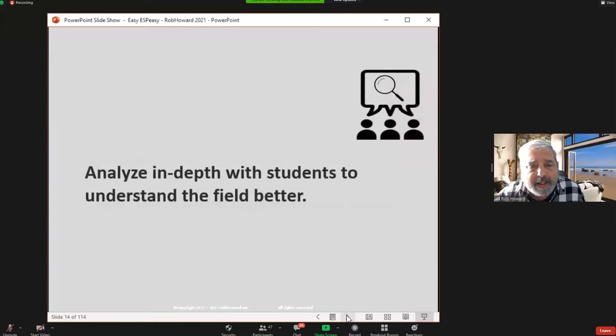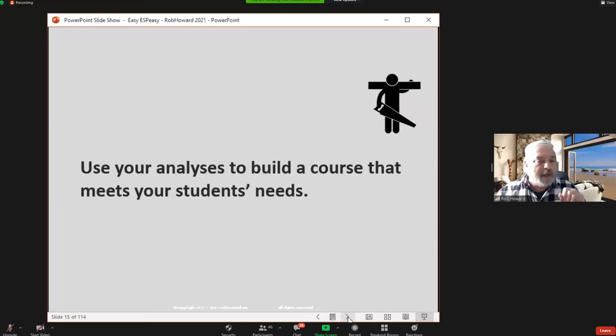And we need to do an in-depth analysis with the student in order to understand that field better. And I find if you do this with your student in the beginning, you'll get a much better handle on what the student needs and what's important in the field. And it gives you a place to go to learn a little bit more about what they're doing.